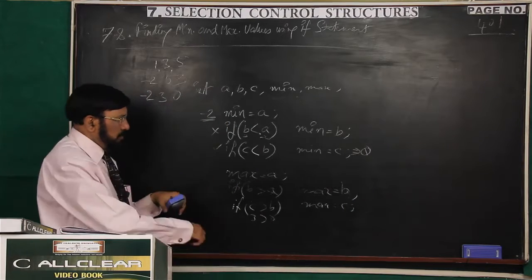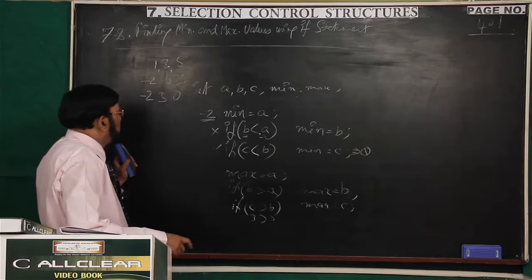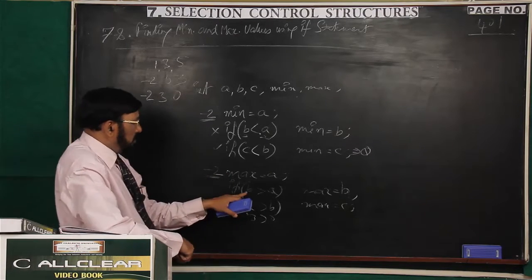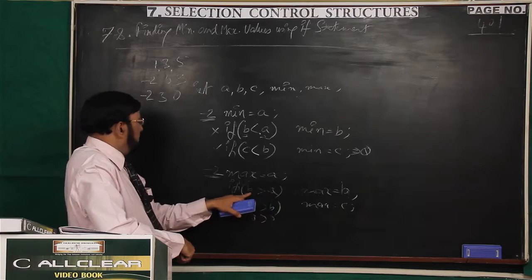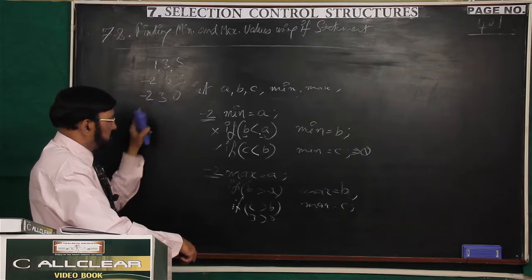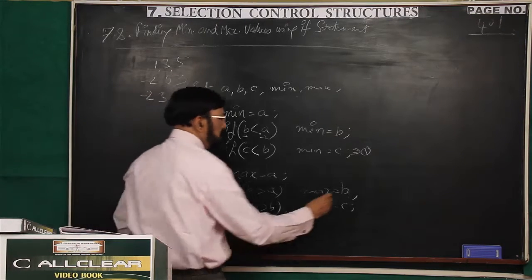Now, let us come to max. Here, assume minus 2 is max. If B is greater than A, B is obviously greater than A, 3 is greater than minus 2, then what is the result? B is max. Next, is C greater than B?